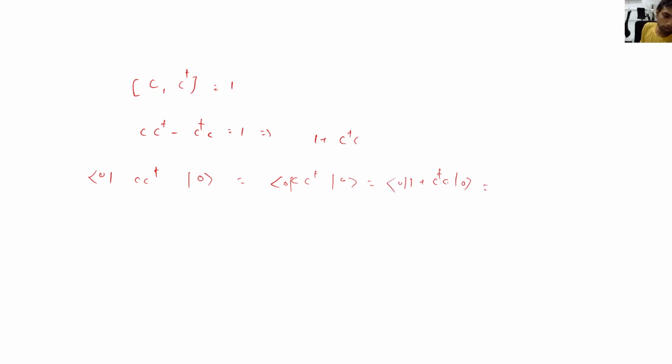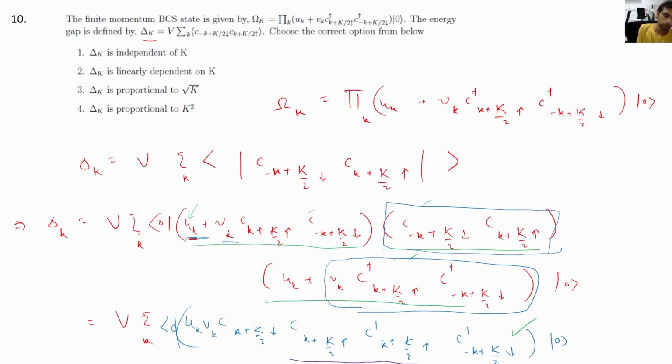Now we will have two terms. For the first term, this C will annihilate this, so all you have is this, which is equal to 1. So only with this you will have a non-zero term, and it is just a number.